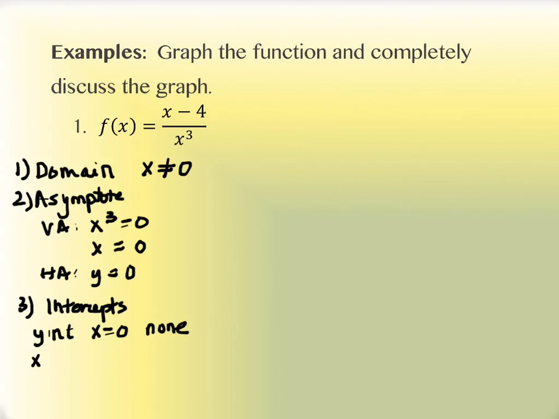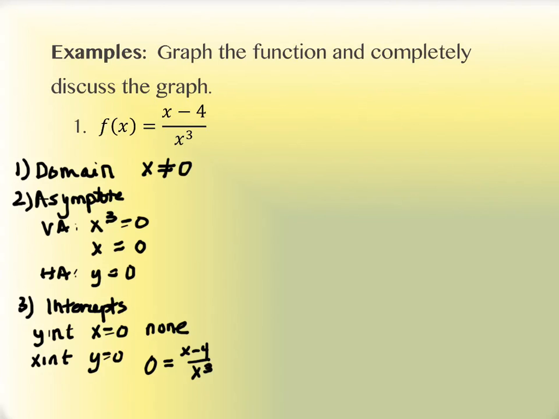If we do an x-intercept, it means we let y equal 0. And in particular, if y equals 0, that says 0 equals x minus 4 over x cubed. You can think about it like this. That would be fine. And then you could multiply by the denominator, x cubed.